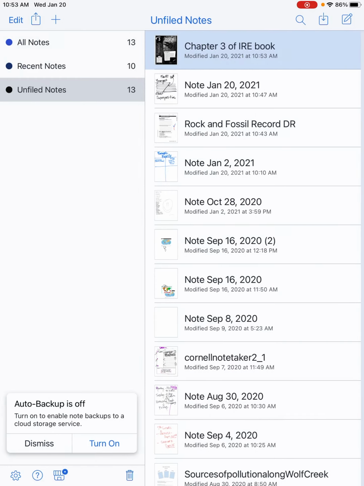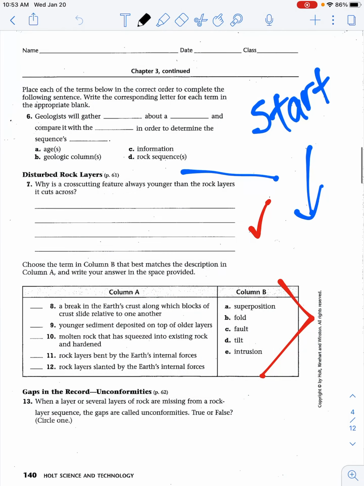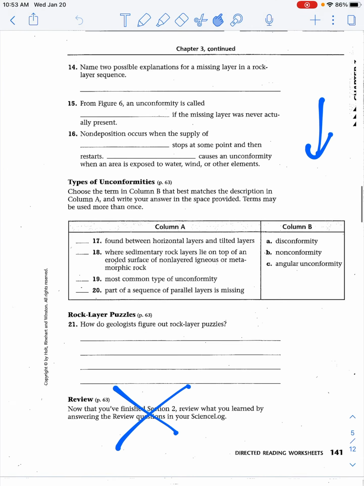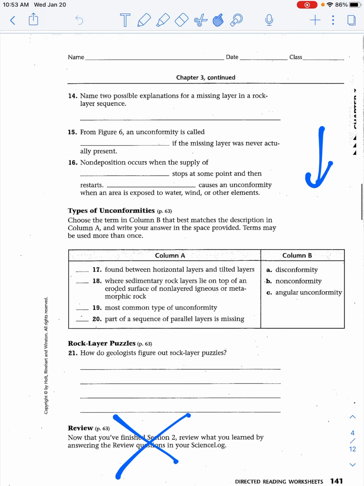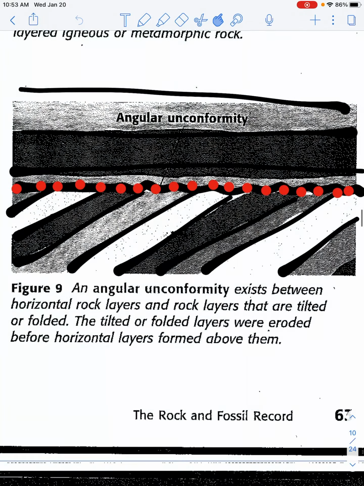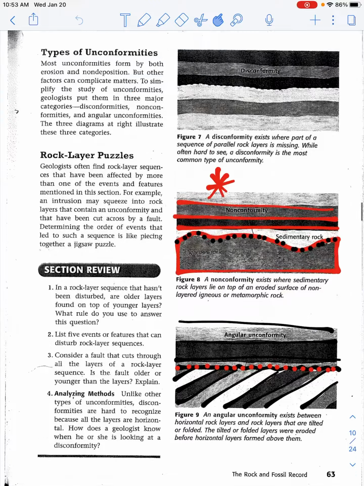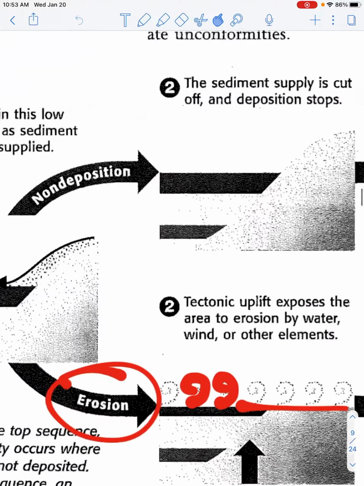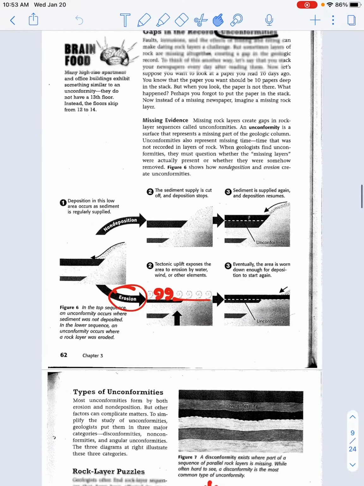Okay, so going back to our question, it says when a layer or several layers of rock are missing from a rock layer, the gaps are called unconformities. So that's a true or false question. Look back on those pages to figure that out. Then scrolling down, name 2 possible explanations for a missing rock layer in a rock layer sequence. Well, go ahead and look right here, because the answer is right there, okay?